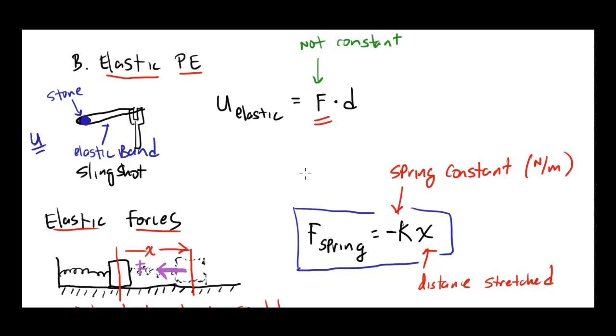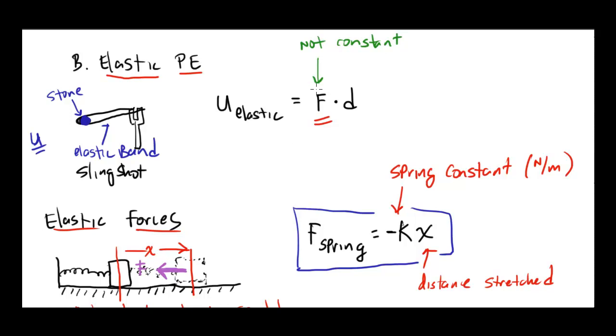There's a way of dealing with this that involves calculus that I'm not going to go into right now. I'm going to give you the punchline. I'm going to tell you what the equation is, and the explanation involves calculus. There is one way of thinking about it that doesn't really involve calculus, and that's to say that what I'd like to put in here for force is the average force, right?